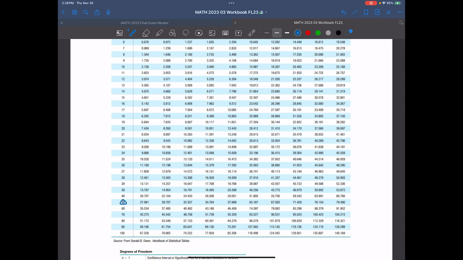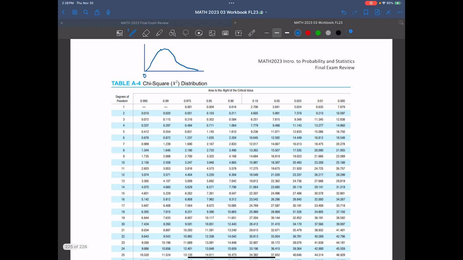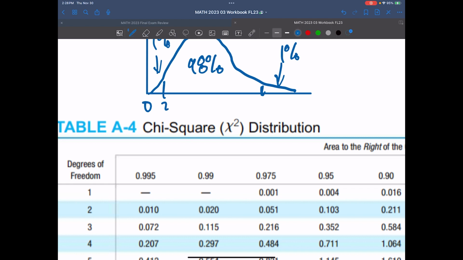If we're dealing with 98% confidence, that means we have 1% on each side, 98% in the middle, and the area to the right of the critical value is 1%. This right here is the left chi-squared value, and this is the right chi-squared value.